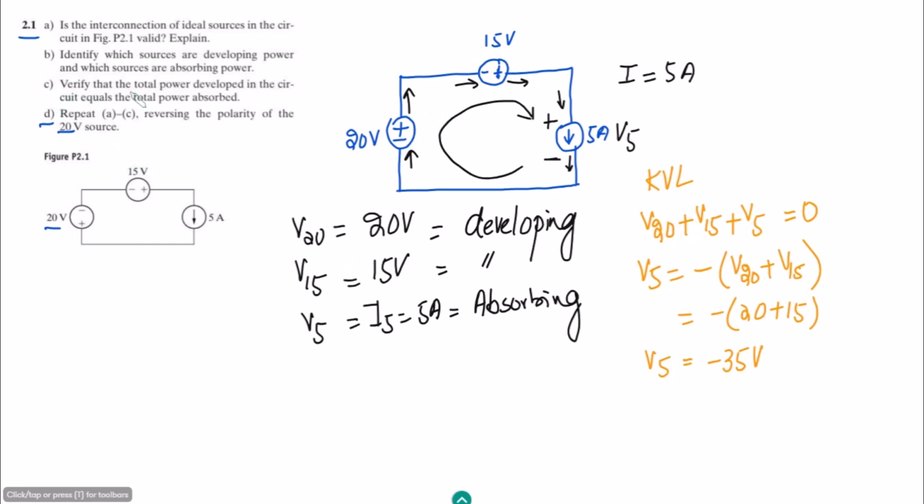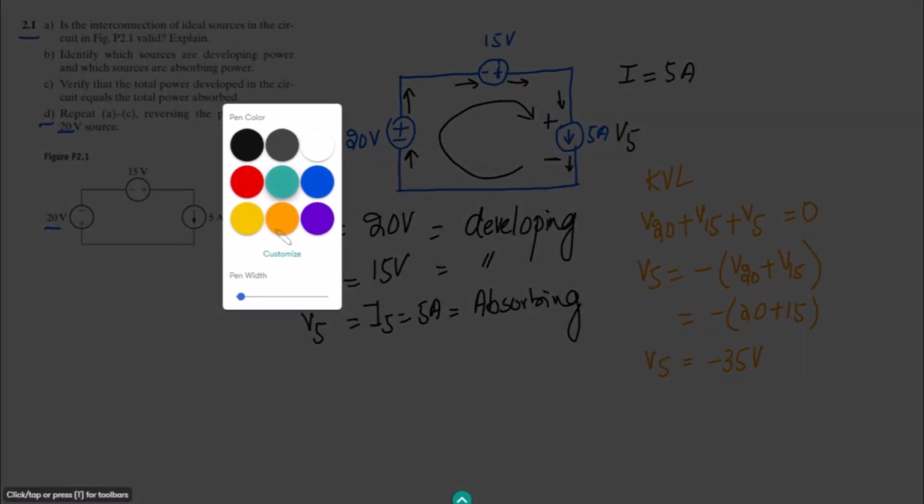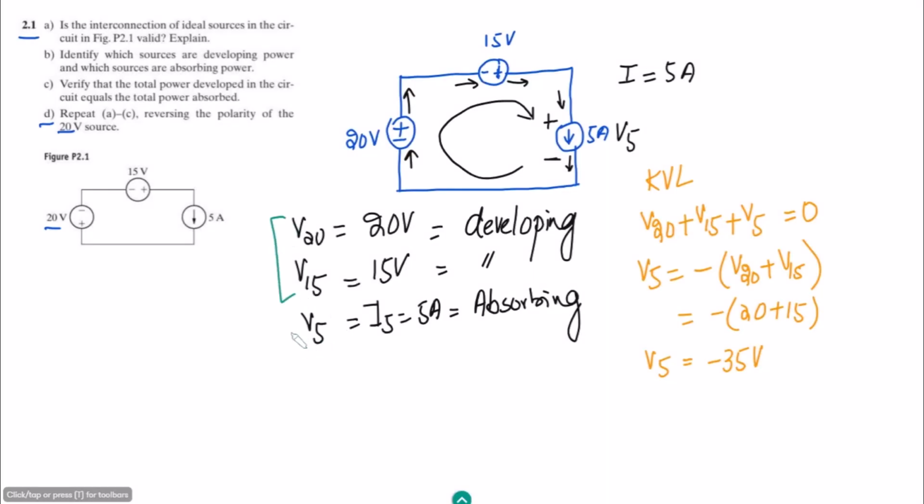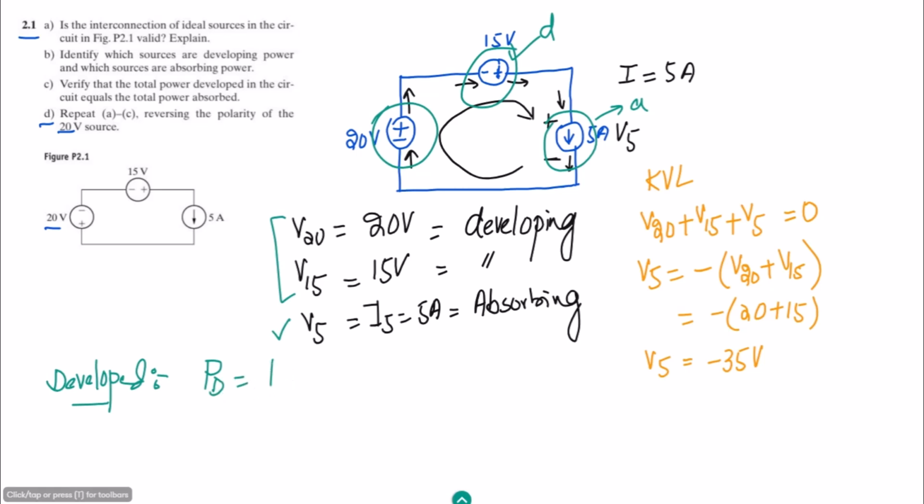The part C of it is verify that the total power developed in the circuit equals the total power absorbed. So the power developed here is the power which is developed by these two, and the power which is absorbed by this source. Okay, so these are basically the developed power, and here this is the absorbing. So let me first find out the developed power. The developed power, which is PD, is the summation of the power by 20 volts and the 15 volts.